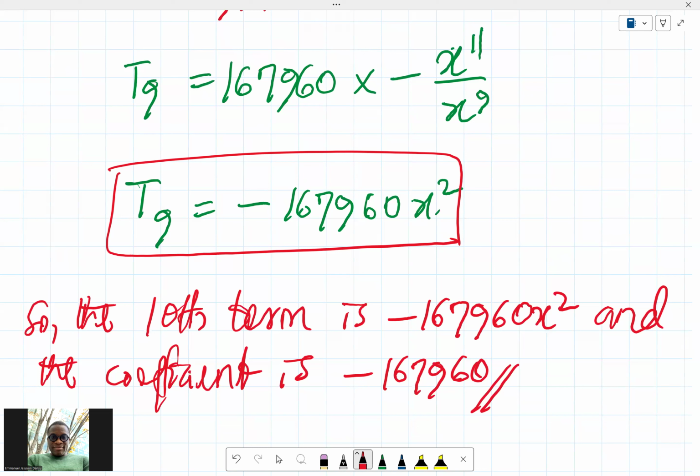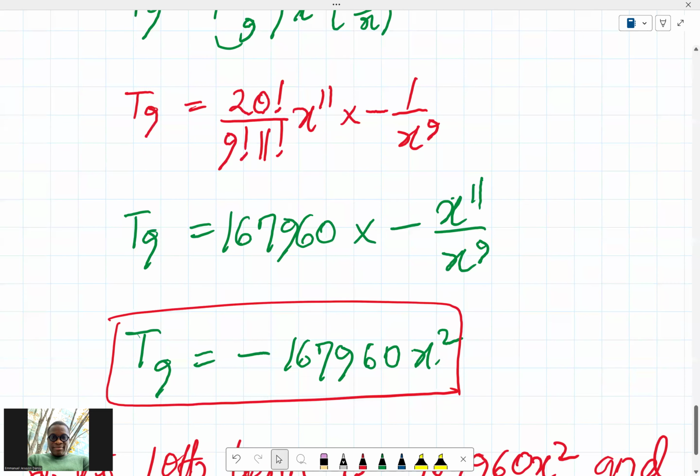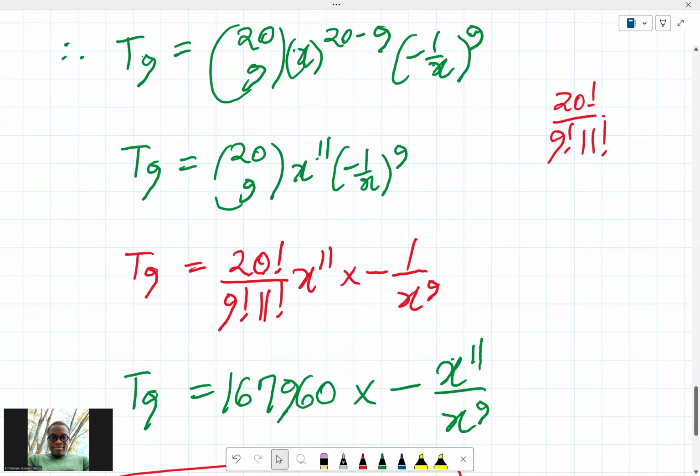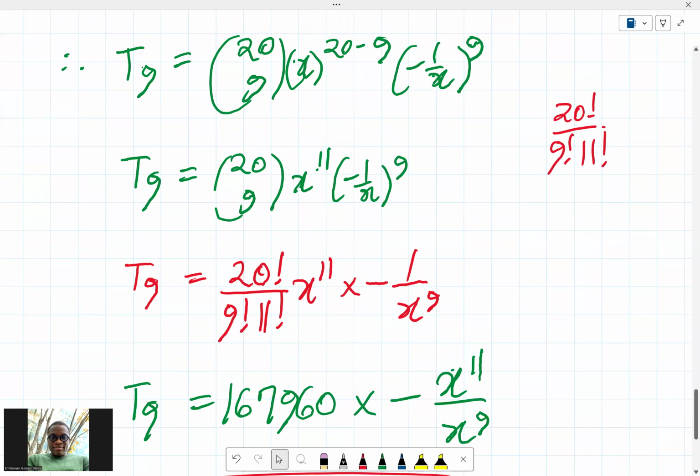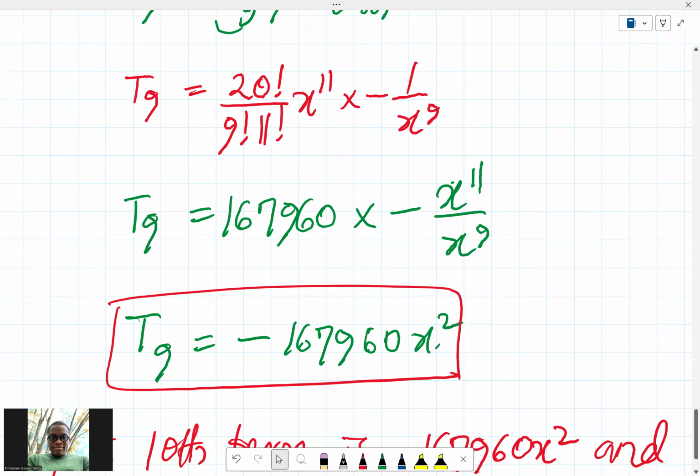We can do that, but I won't do that right now. But you can already imagine that will happen where you have x raised to power 10, so k should be 10. When k is 10, x raised to power 10 up and x raised to power 10 down will cancel out, and you just have a number alone. But in this case, we have found what we need to find.